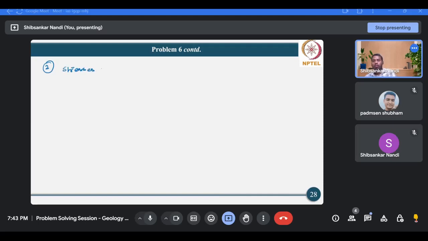stresses beneath a corner of a rectangularly loaded area can be determined as Q times I sigma.